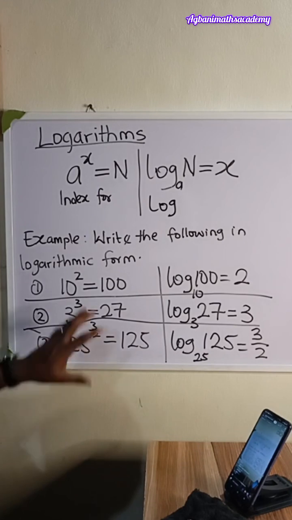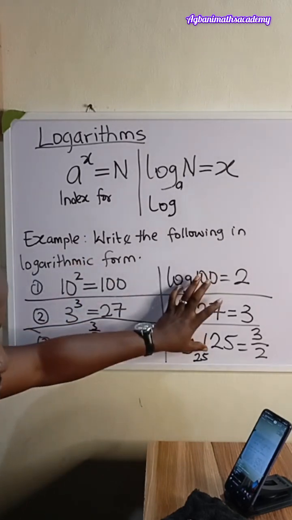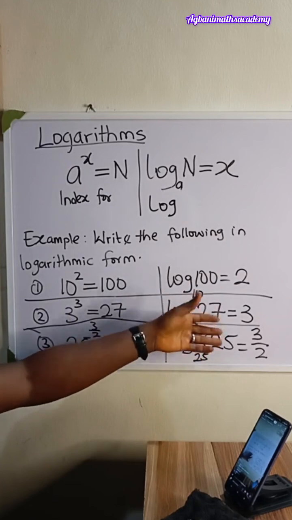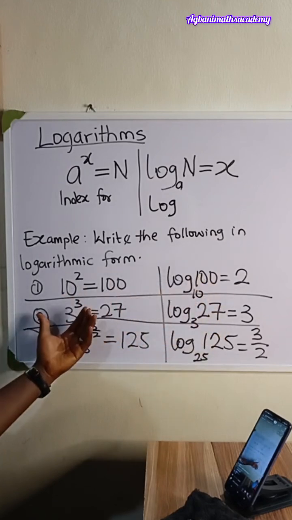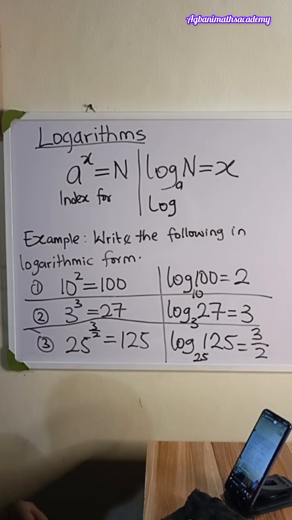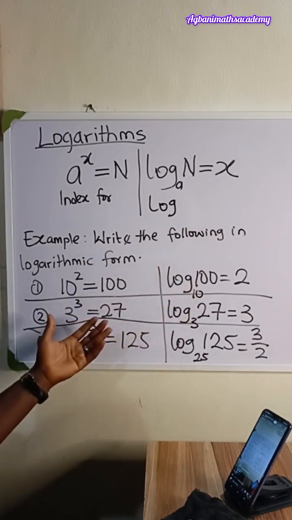So as I said, you can convert numbers from index form to logarithmic form, which we have seen. Now we're going to see how to convert numbers from logarithmic form back to index form. Sometimes you might be told to convert a number in logarithmic form to index form.